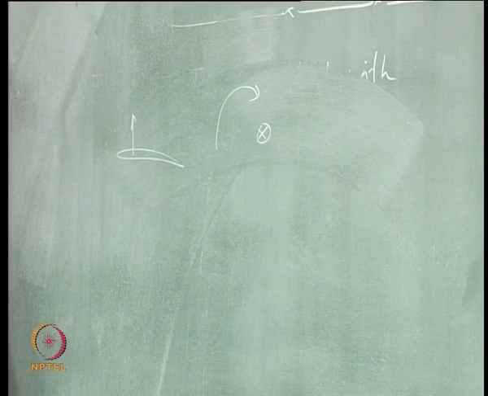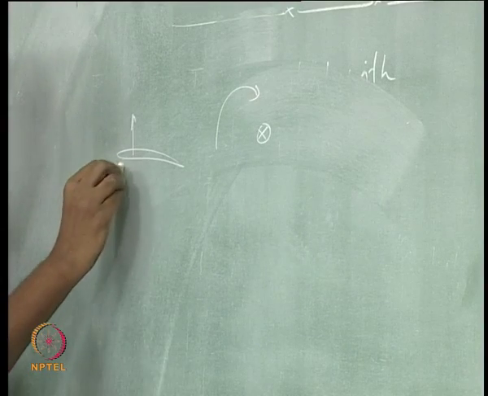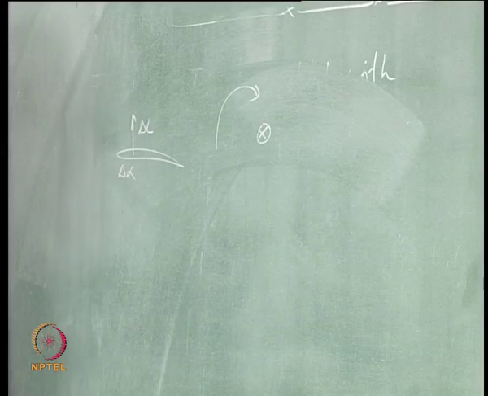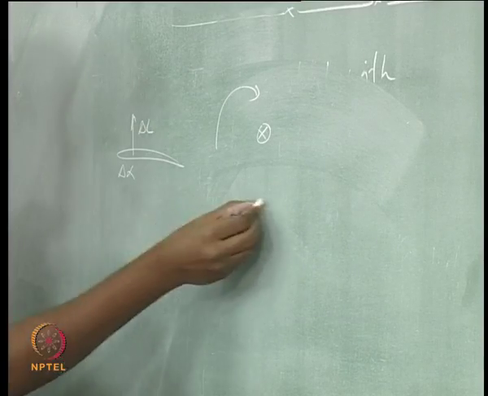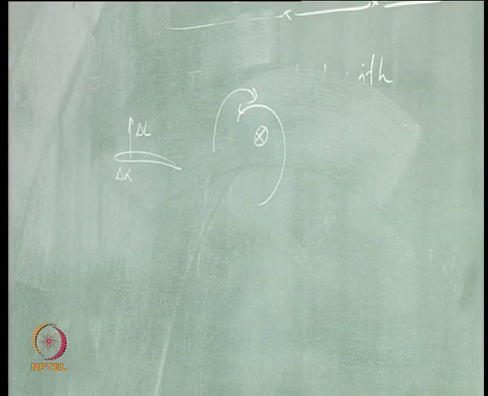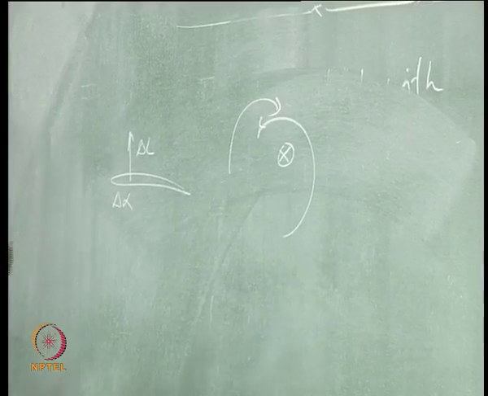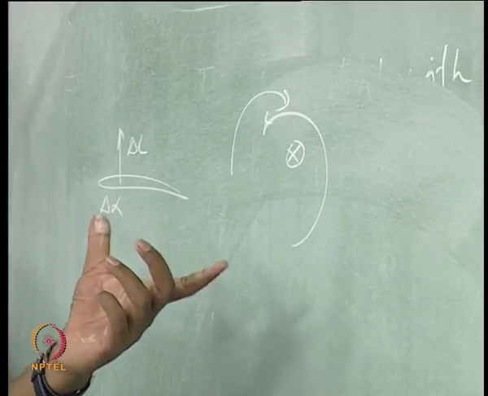Now my aircraft should possess static stability in the sense that any change in delta alpha or delta L can be killed, if the aircraft has static stability in pitch.